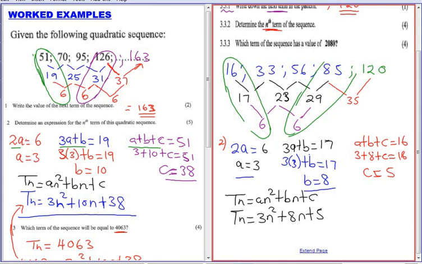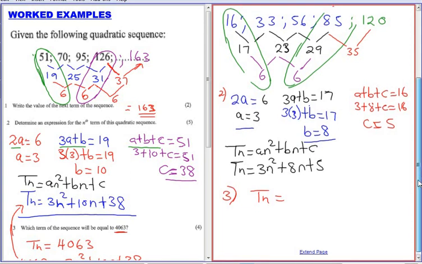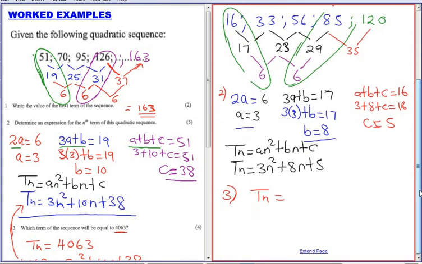However, you also had a third question you had to answer. Which term in the sequence has a value of 2080? So now on number 3, you were told, well, Tn itself, there is a term which has got a value of 2080.